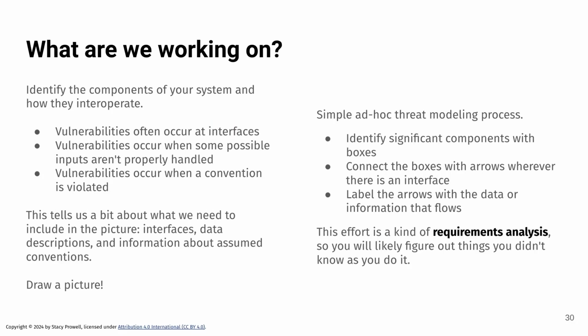So we can ask the question, what are you working on? In this case, what you want to do is identify the components of your system and figure out how they interoperate. So I'm going to need a database. I'm going to need a way to take input from external sensors. I'm going to need a way to send information to remote sites.